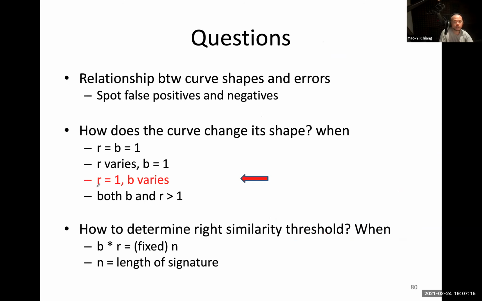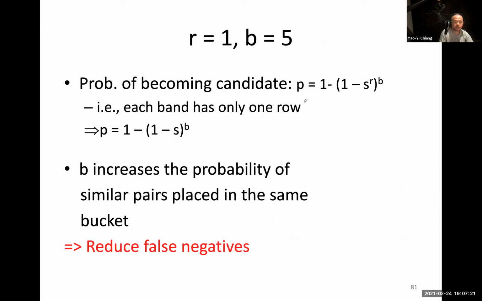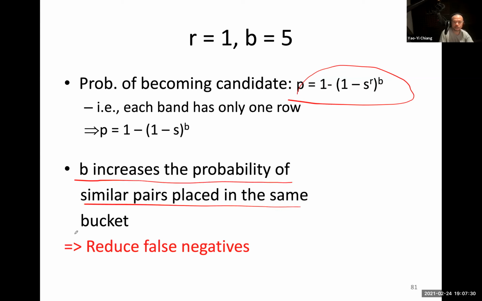So let's look at if you fix R and vary B, what would happen? Probability of becoming a candidate, our old friend, B increases the probability of similar pairs placed in the same bucket, and it will reduce false negatives.